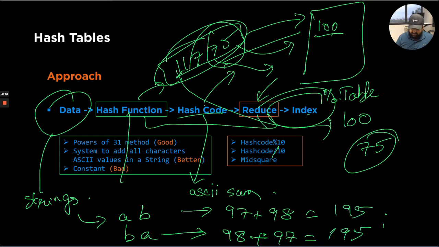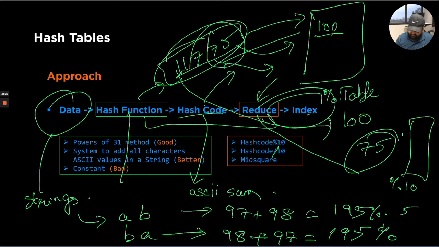Now if our table size is 10 and we reduce this using mod 10, what we get is 5. So at index 5 in our table, we are storing both AB and BA, which is a collision because both belong to that particular index.